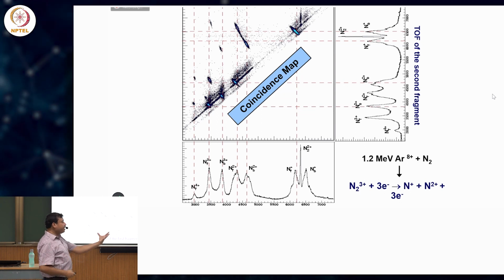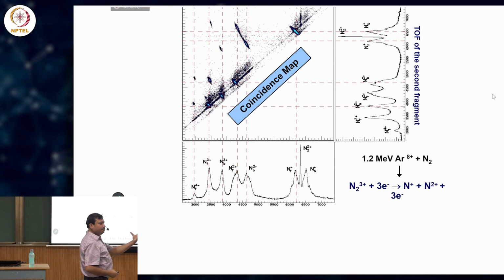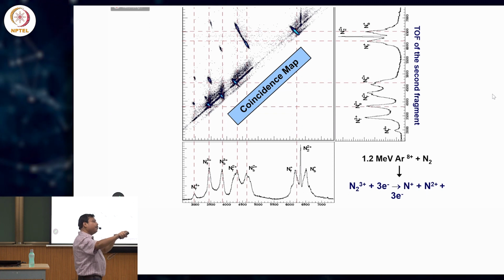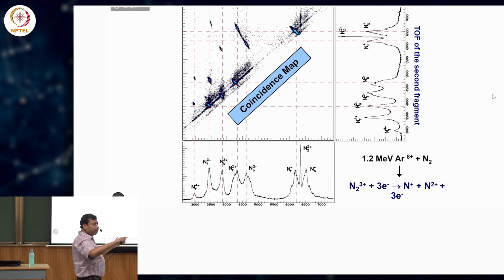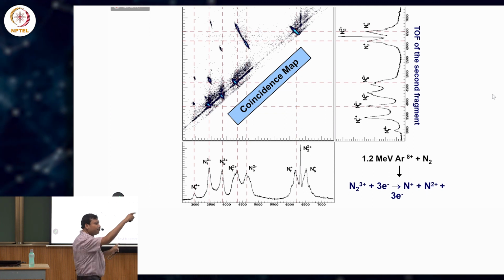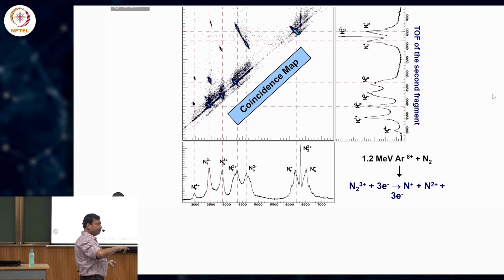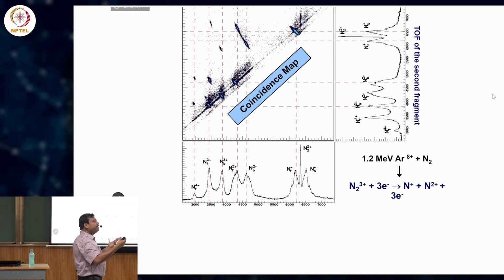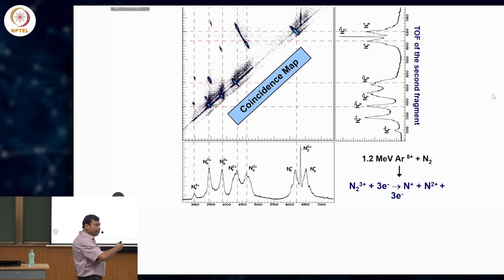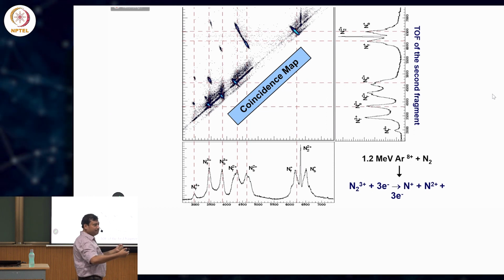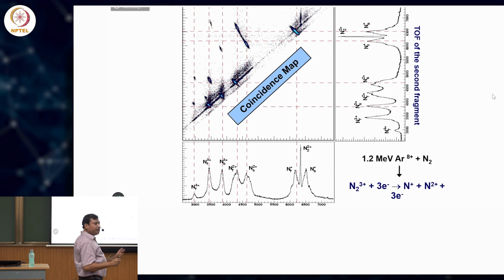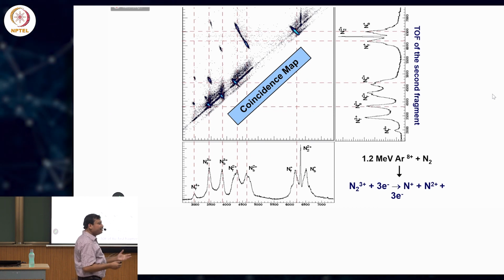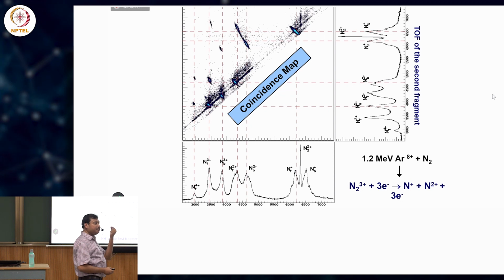So when you break away from a central spot, one will go along the field, one will go against the field. And therefore, in a correlation, the forward always comes with the backward, because the masses are still the same. Only because of the kinetic energy release do you have this spread in time of flight. They should come at one spot. If there is no kinetic energy release, you will just get a dot, just a spot.